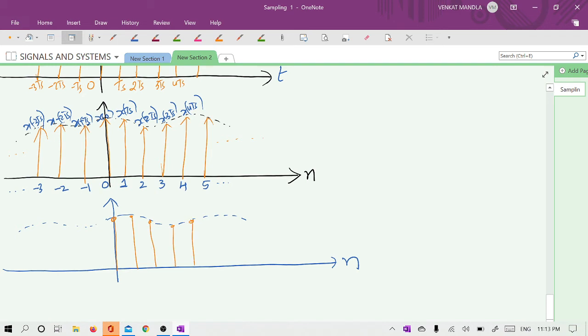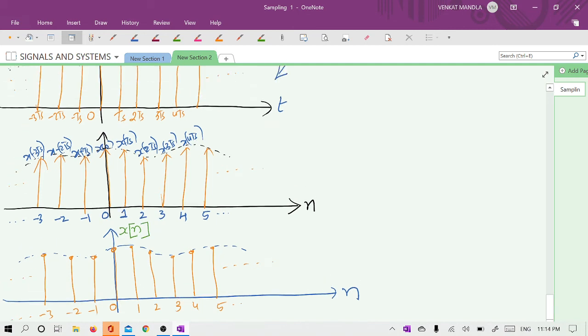We will represent a discrete time signal as a stem plot. So these values are 0, 1, 2, 3, 4, 5, and so on, minus 1, minus 2, minus 3, and so on. So now this is exactly a discrete time signal. I will represent this as x of n.